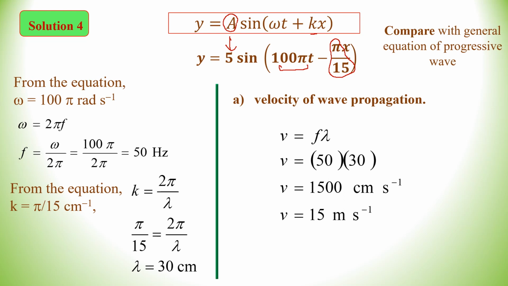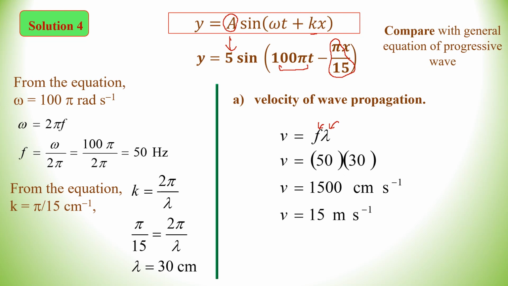Okay, question A asks to calculate velocity of the wave propagation. So we need the value for f and lambda. For frequency, we refer to the angular velocity, 100 pi radian per second.